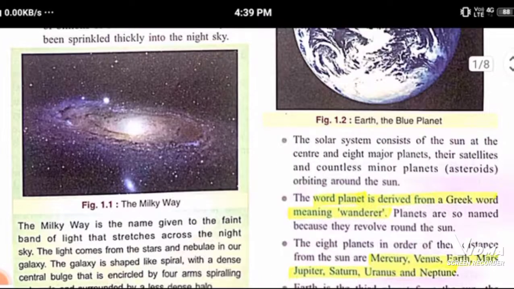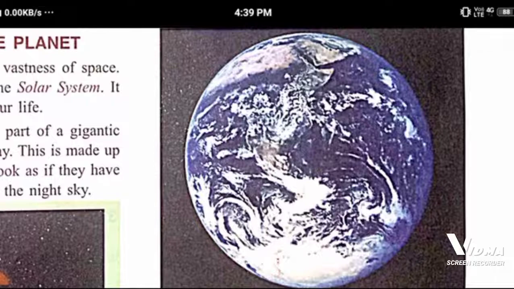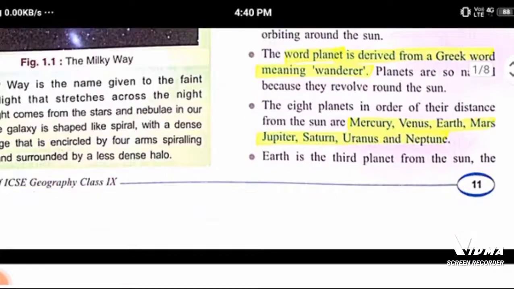In between it is slightly bulged, and it is flattened at the poles, near Antarctica and near the top. So the word used to describe the shape of the Earth is oblate spheroid. We cannot simply say spheroid; it is an oblate spheroid.